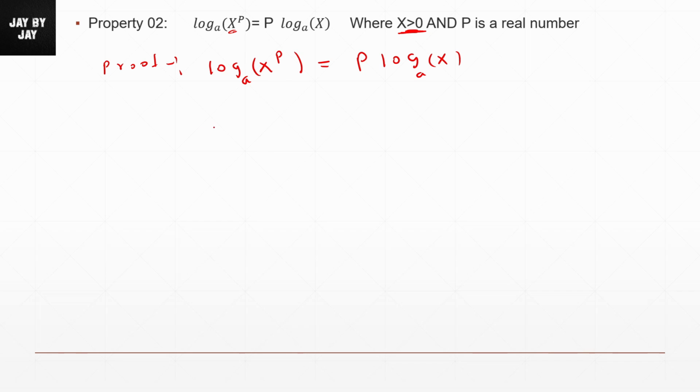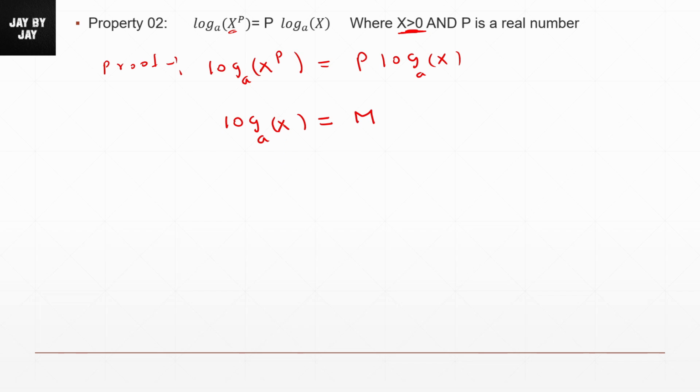If I want to prove this, first of all I am going to assign a value to a particular logarithm function, just like this. I will take log base a of x equal to m.